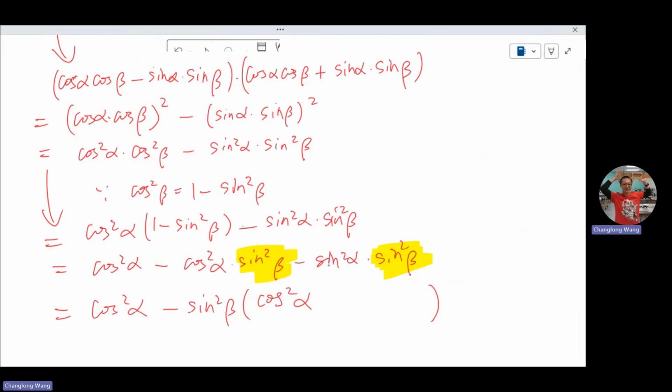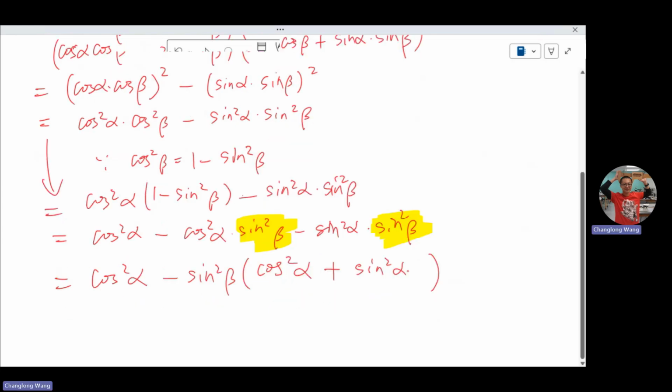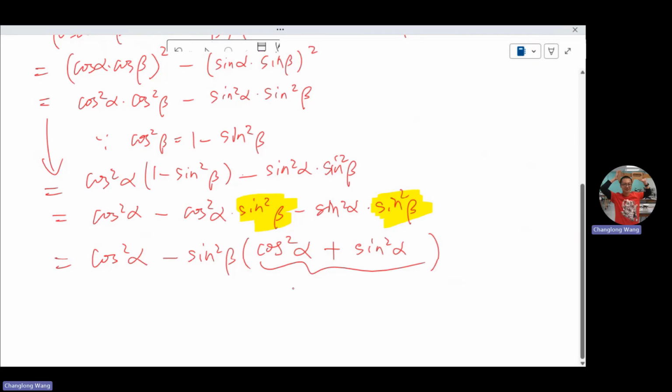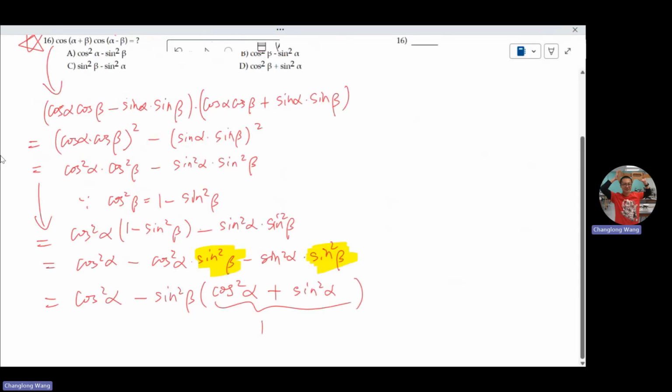But the tricky part is, what is the last term? Once you factor out a negative sine squared beta, what do you get left? Sine squared alpha with a plus or minus? Plus. And now you see, oh, that happened to be 1. And therefore, it's indeed the form they want, right?